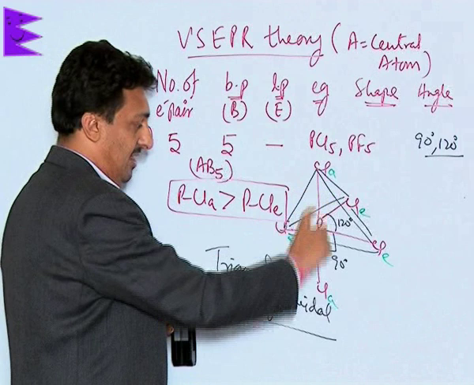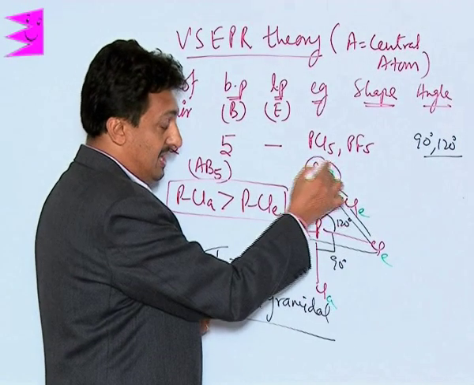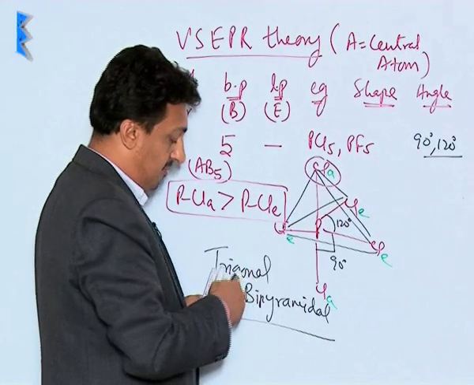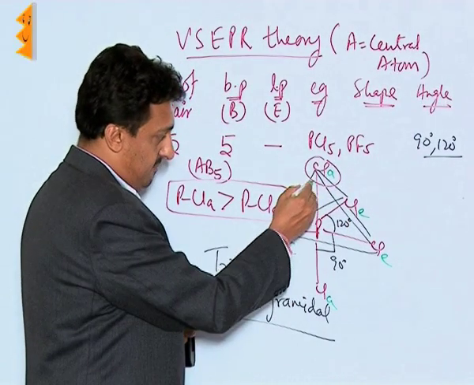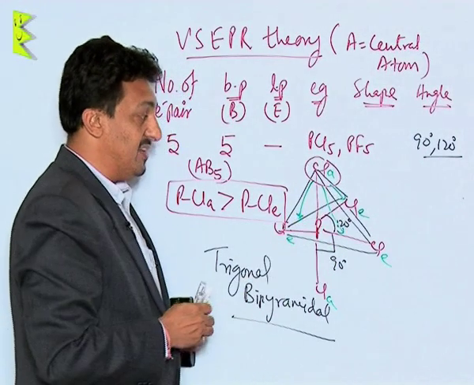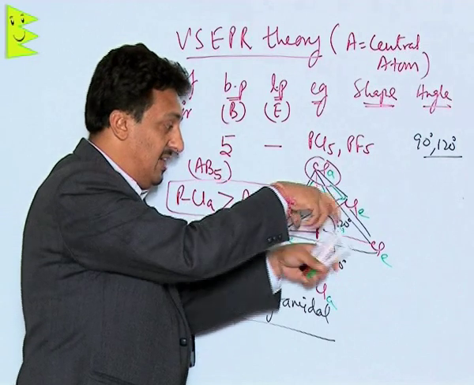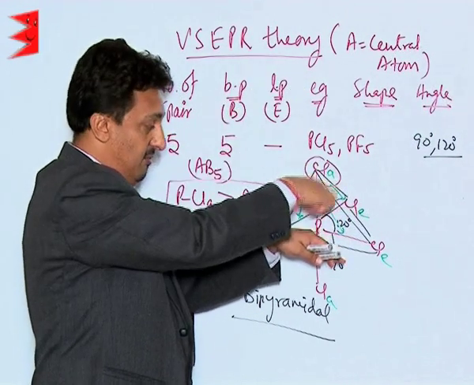Axial bond lengths are longer than the equatorial bond length because this axial chlorine is facing repulsion from how many other chlorine atoms? It's from here, from here, and from here. So it's facing repulsions from 3 equatorial chlorine atoms, so it goes a little bit away from the phosphorus atom.